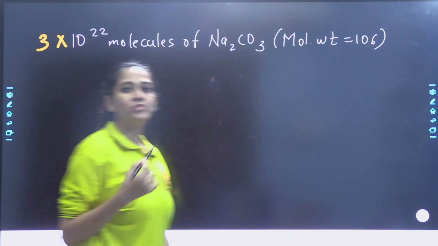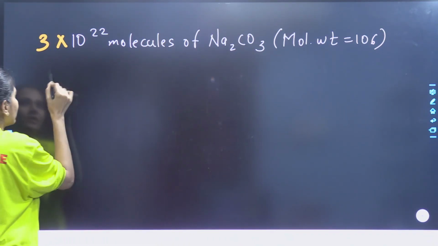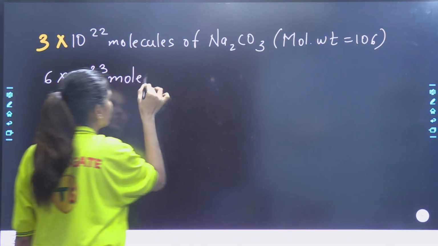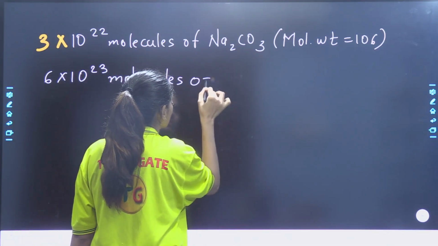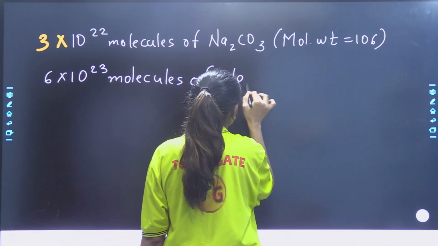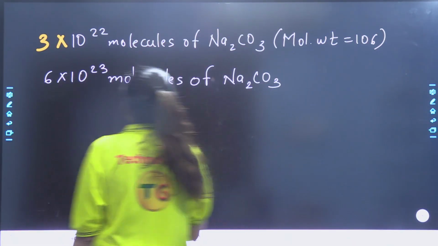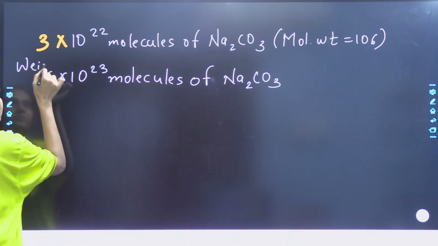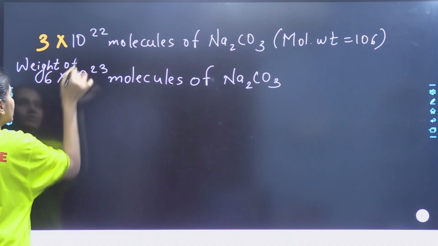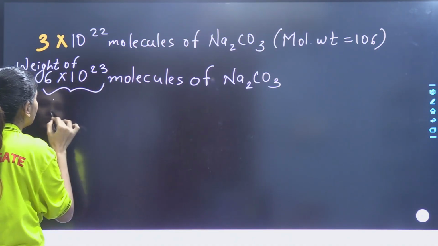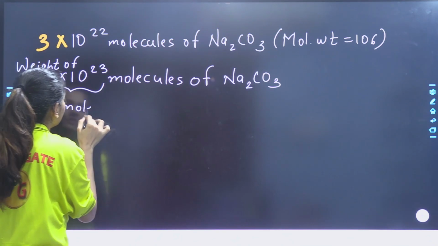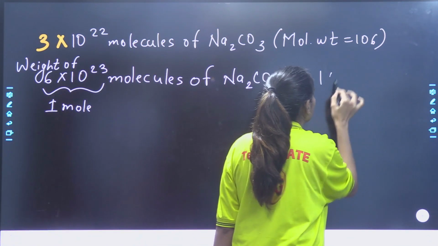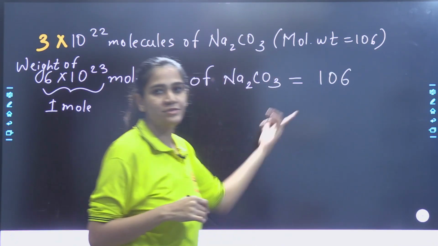With the help of the mole concept, we know that 6 into 10 raised to power 23 molecules of sodium carbonate is 1 mole. 1 mole of Na2CO3 has weight 106.